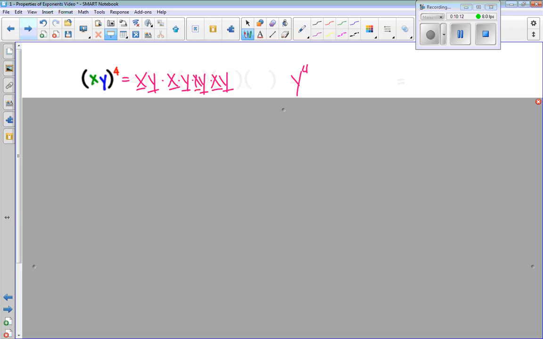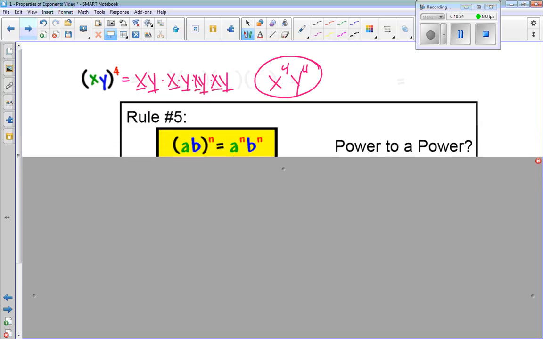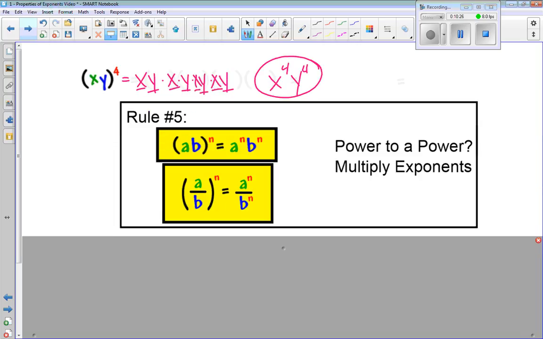So when we have something raised to the power of 4, we just raise everything to the power of 4. So x to the fourth, y to the fourth. Okay, so add this to your notes. Whenever you have a power to a power, we just put everything in the parentheses to the power. Okay, there is one trick though.